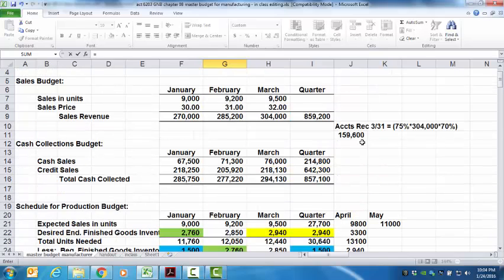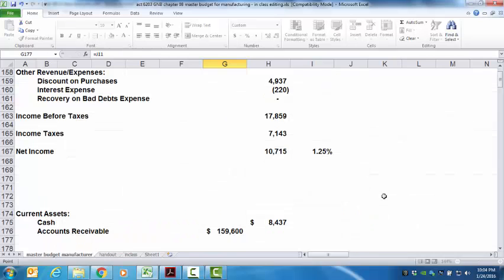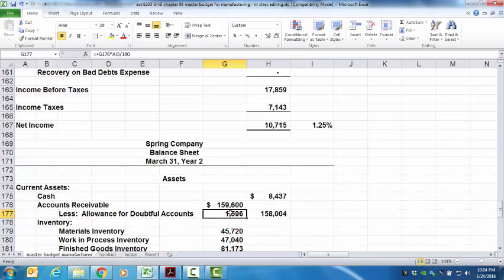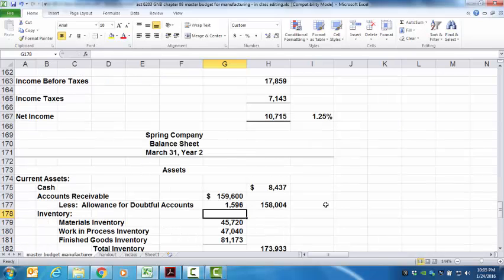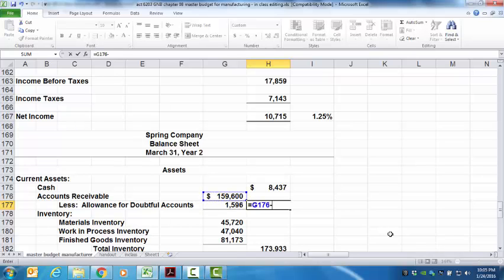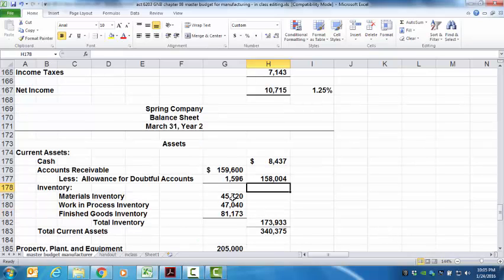So I'm going to go back and reference that one more time. The allowance for doubtful accounts, we just calculated right here. We need $1,596. And so really, our best expectation, once we take out that provision for people we think won't pay, we really think we're only going to get $158,000 of our receivables, the net. That's not too bad.